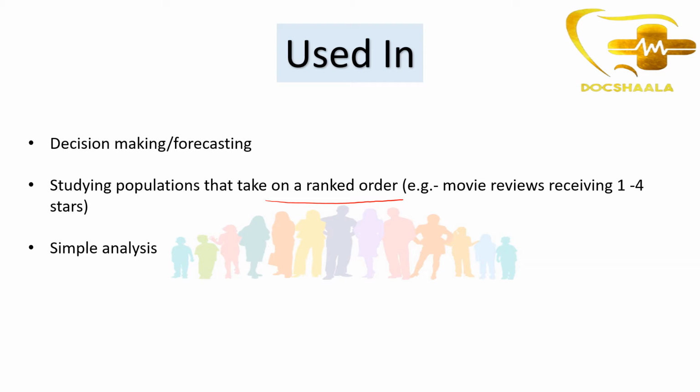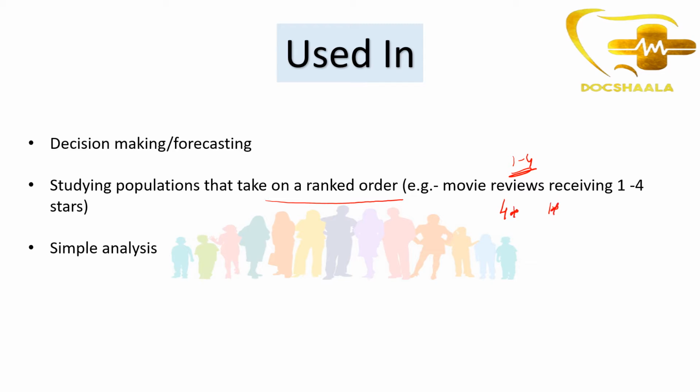We review a movie based upon the stars that people who have seen the movie have given it. We segregate it from 1 to 4 stars, and we see what percentage of people have voted for 4 star or 1 star.